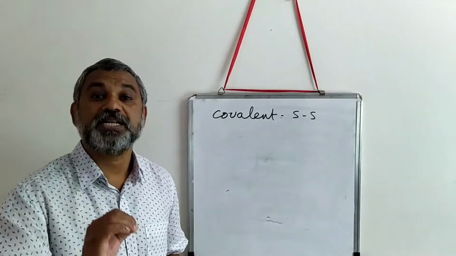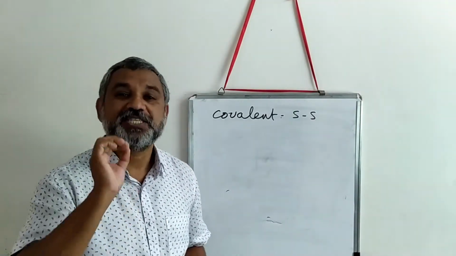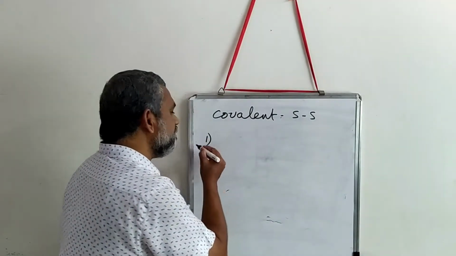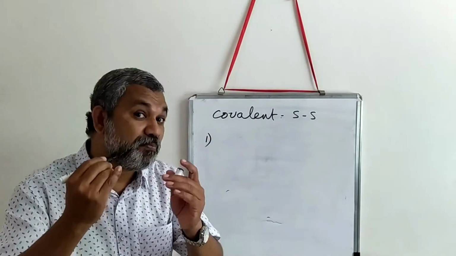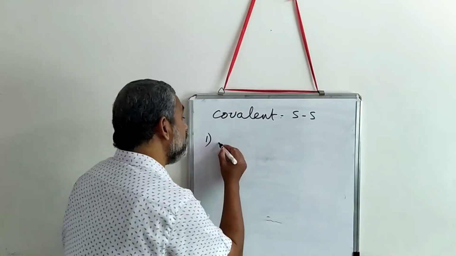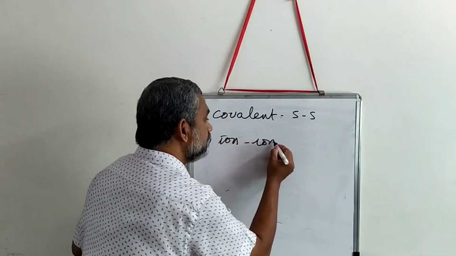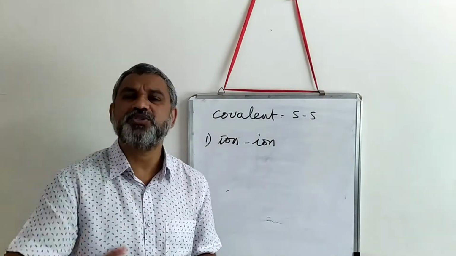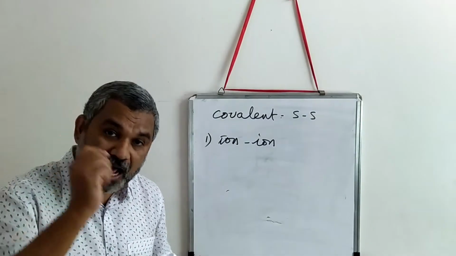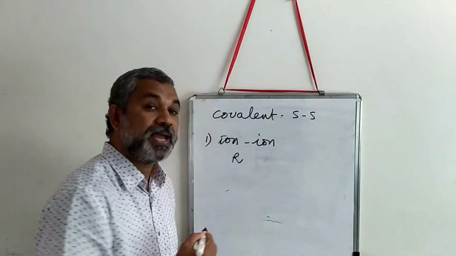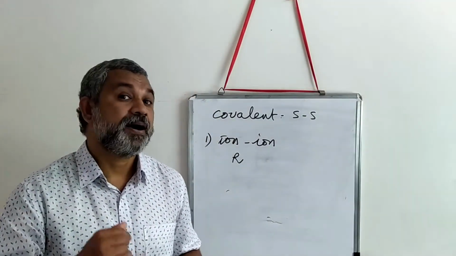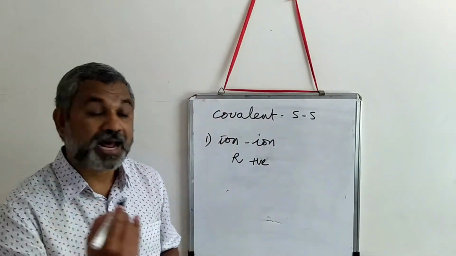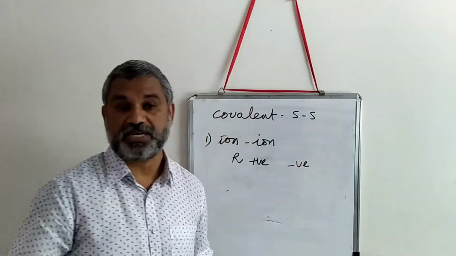The most important non-covalent forces which will stabilize a protein: first of all, ion-ion interaction, the ionic interaction between the R groups of amino acids, where one amino acid has a positive charge and the other has a negative charge.